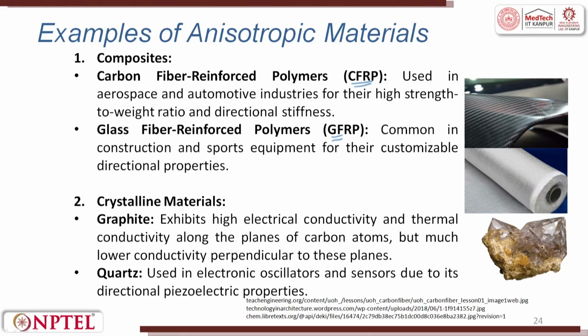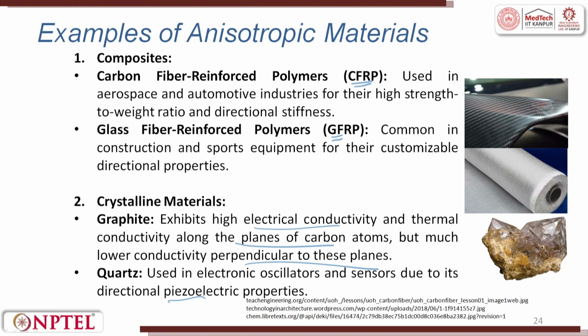In crystalline materials, graphite exhibits high electrical and thermal conductivity along a plane of carbon atoms, but much lower conductivity perpendicular to the plane. You can have quartz. Quartz is used in electronic oscillators and sensors. Due to its directional piezoelectric property, it is exhaustively used.